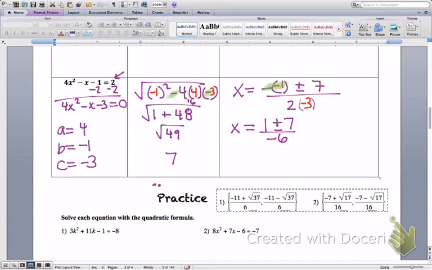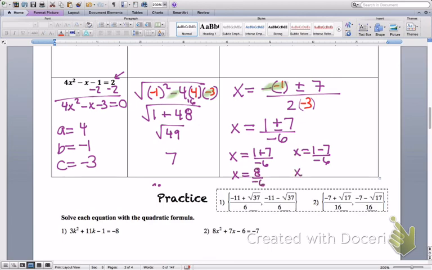Now in this case, since my square root is gone, I can actually go ahead and finish this problem off. So I'm going to simplify this all the way. I'm going to have positive 1 plus 7 all over negative 6. I'm also going to evaluate my second answer, which is 1 minus 7 all over negative 6. So 1 plus 7 in the first one, we're going to get 8 over negative 6.